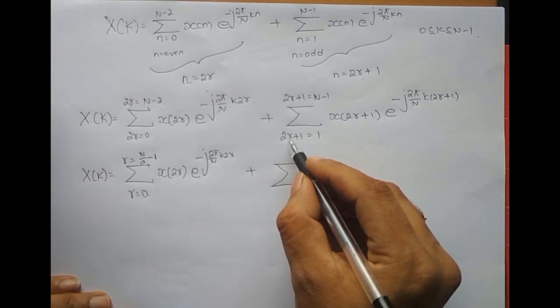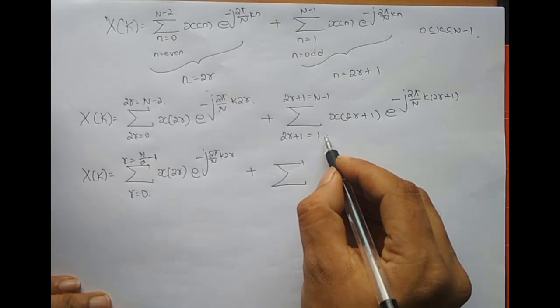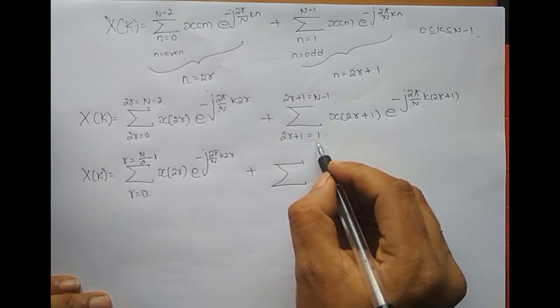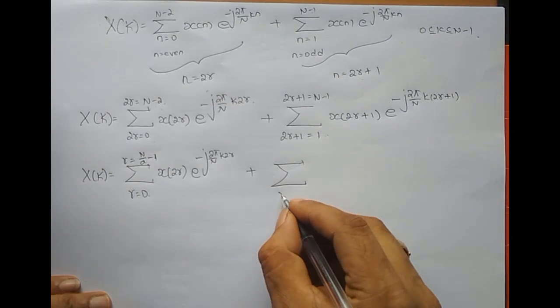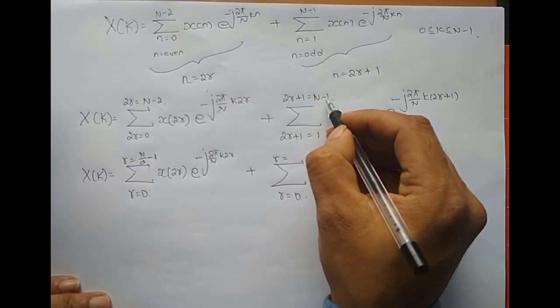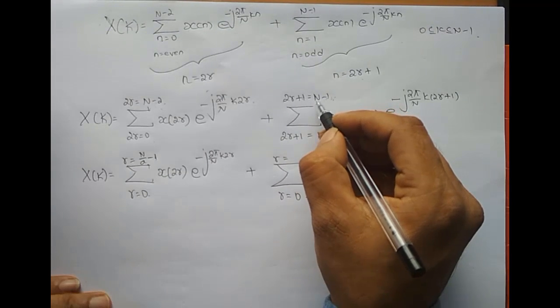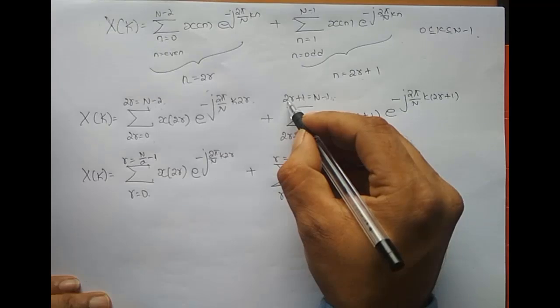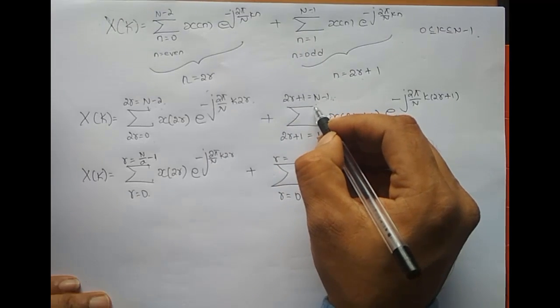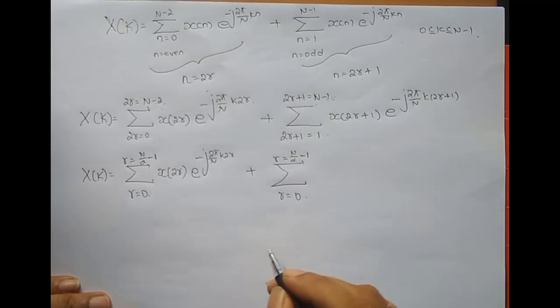What is this in terms of r? If I take 1 to the right hand side, it is 1 minus 1, which is 0, and 0 by 2 is 0. So I get r equal to 0 to, here r is equal to n minus 1 minus 1, because this minus 1 goes to the right hand side, so I get n minus 2. And if I take this 2 to the right hand side, n by 2 minus 2 by 2, which is nothing but n by 2 minus 1.